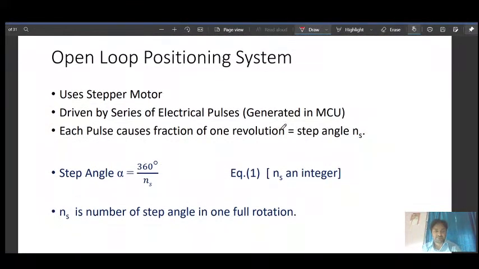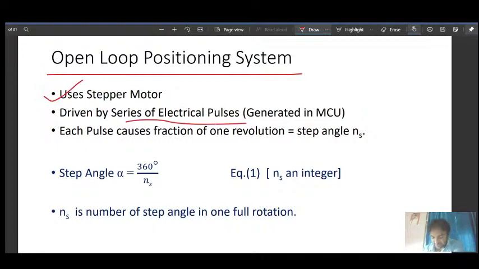So now we see the open loop positioning system. How do we achieve the positioning system in open loop? As you can see, we use a stepper motor, driven by a series of electrical pulses generated in the MCU.